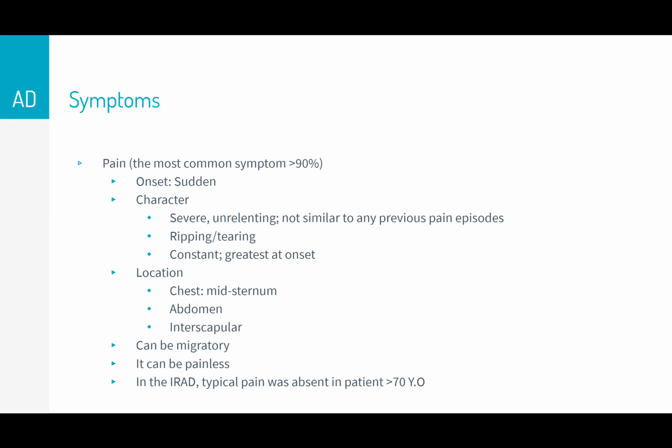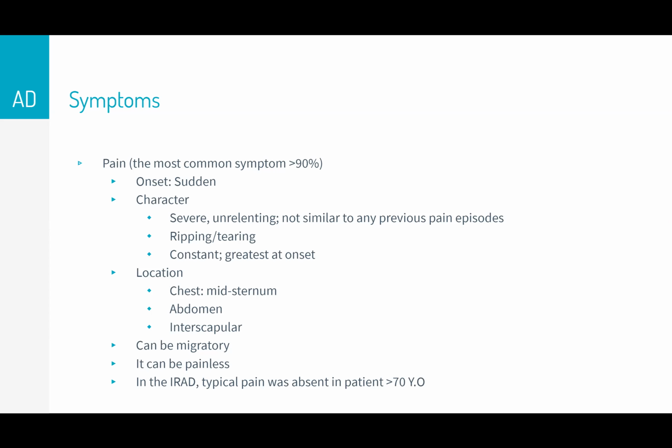It can also be painless. Painless aortic dissection was described in the IRAD, and it usually happens in old patients and diabetic patients and patients with chronic aneurysm. Also in patients who have dissection post-cardiac surgery.